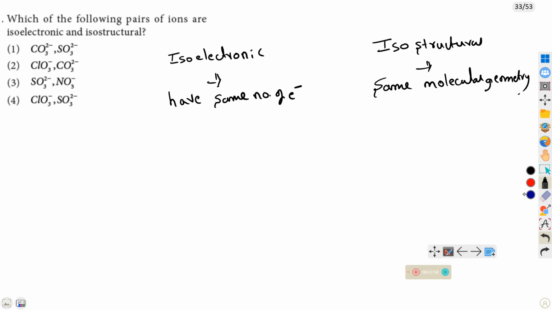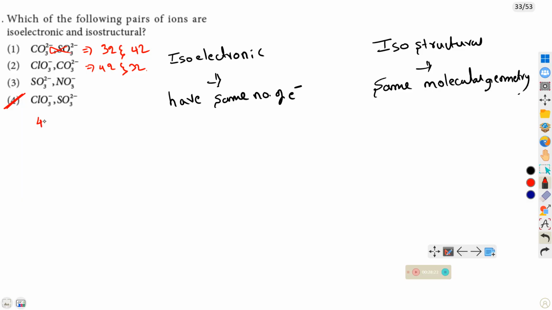You can consider CO3 2- and SO3 2-. Electrons are 32 and 42. So wrong. ClO3- and CO3 2-: 42 and 32. Wrong. You can check the remaining. Then the fourth option is correct.